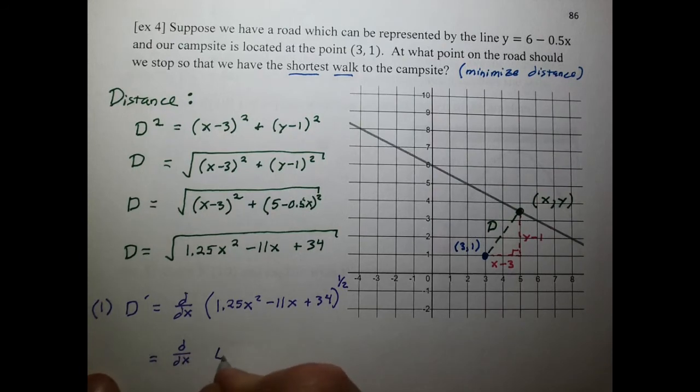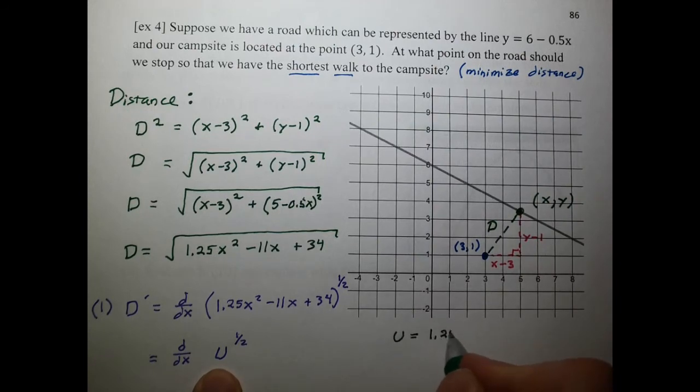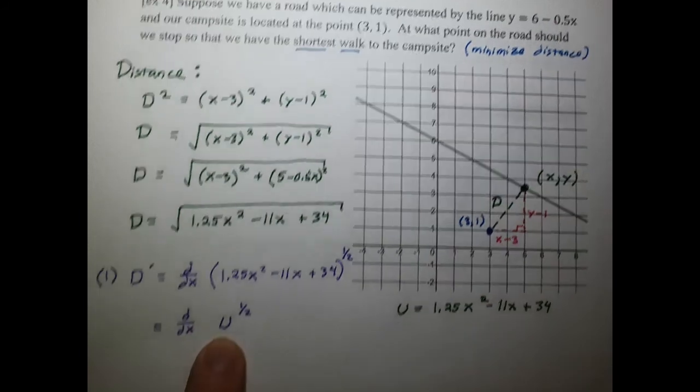And if it helps, feel free to use a substituting u. This is a composition of functions. So I'm going to let u be what's in the parentheses, 1.25 x squared minus 11x plus 34.